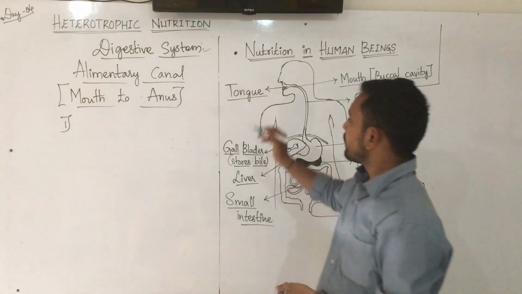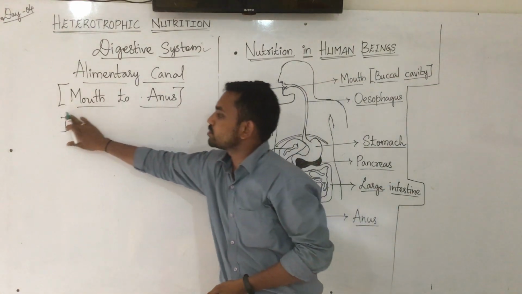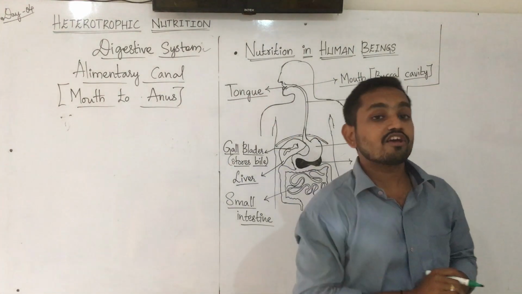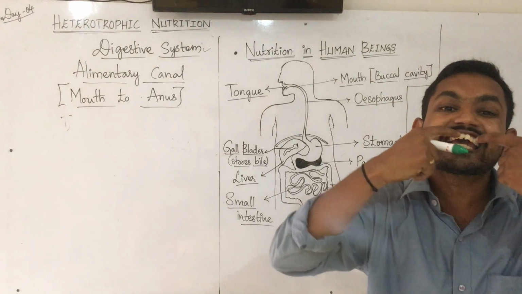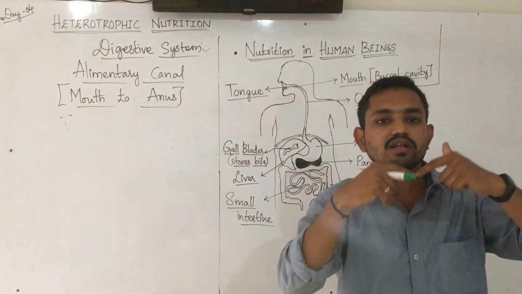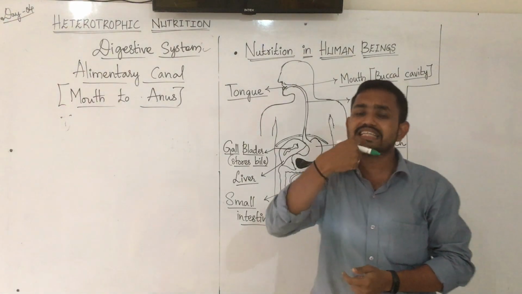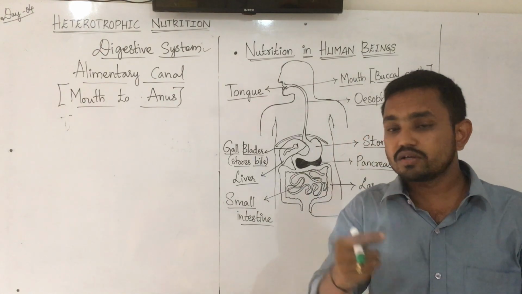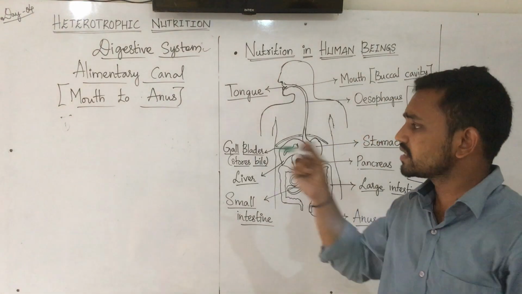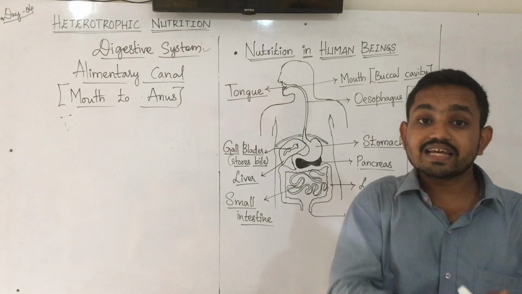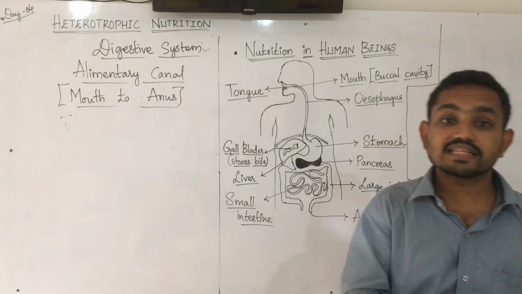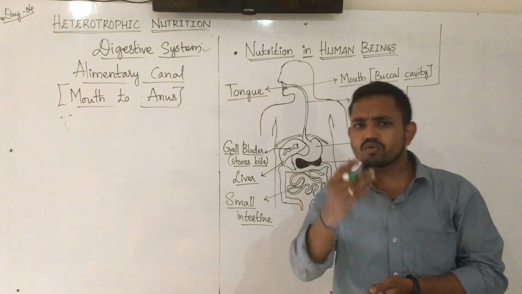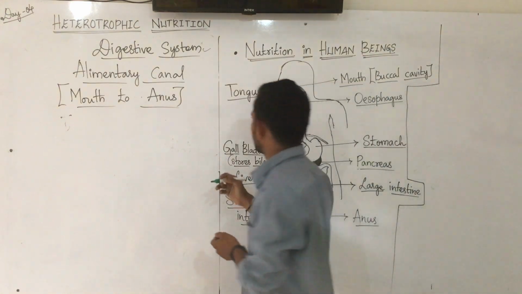So the mouth will be the first part, and it consists of the buccal cavity. The buccal cavity has the upper as well as the lower jaw, as well as the teeth. Inside we have taste buds on the tongue, and salivary glands which release a jelly-like substance called saliva. So we can easily know that.